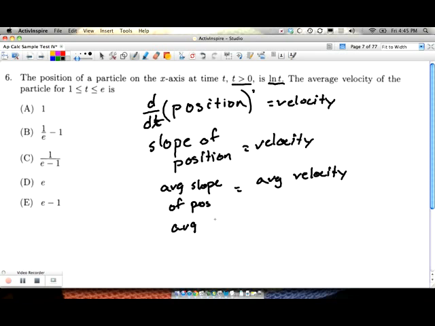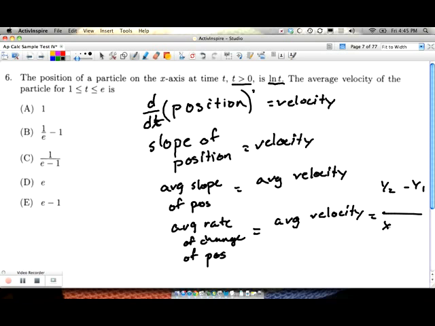So the average rate of change of position is equal to the average velocity, which is really just y2 minus y1 over x2 minus x1. So if I look at that from 1 to e, this is my x1, x2, or t1, t2, I guess you could say.